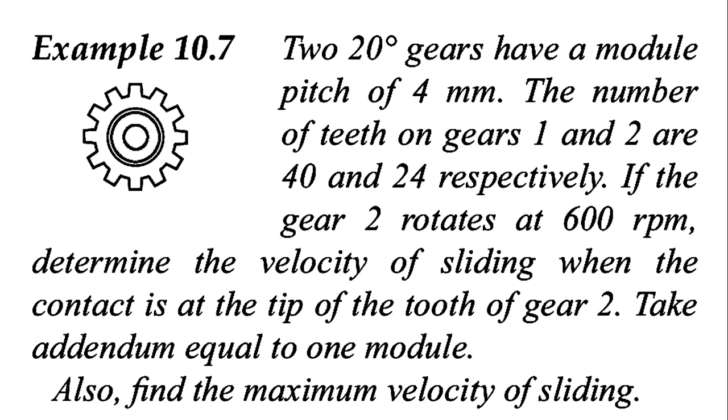You have to determine the velocity of sliding when the contact is at the tip of the tooth of the gear, and you have to take the addendum equal to 1 module. Finally, you have to find the maximum velocity of sliding. So try to solve this problem.